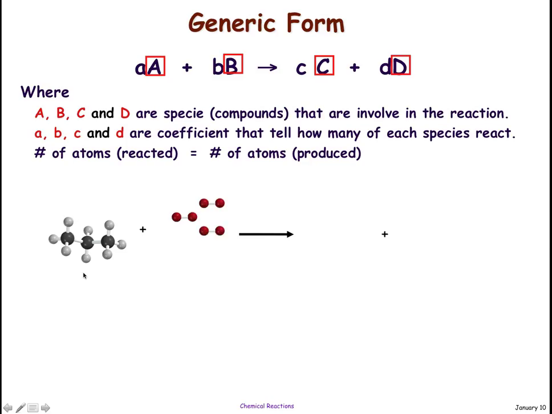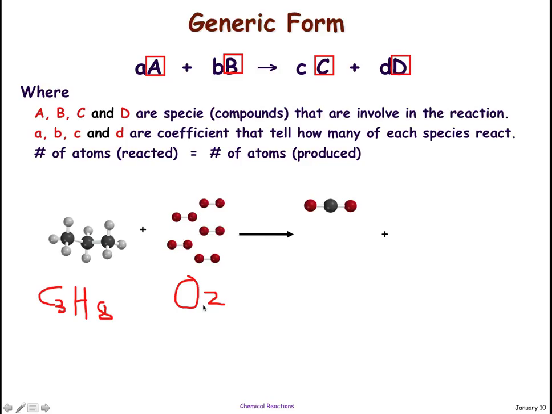It combines with 5 oxygens. The chemical formula for oxygen is O2. You have to get these formulas correct because if they're not, you're starting in the wrong direction. There's no use proceeding because it's already wrong.